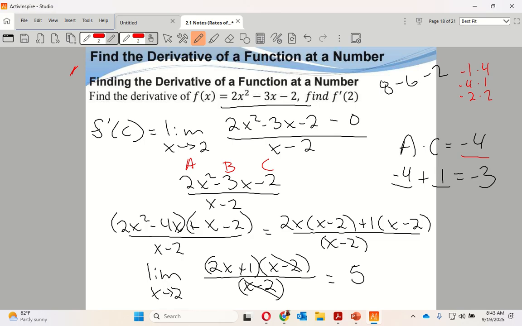Now, of those combinations there, it has to give me this letter right here, my b value. It has to give me my b. In this case, my b is -3. So when I add the two together, they have to give me b. And that was my -4 and +1. So I separate my terms. If I combine these two together again, my -4x and my +1x, I get my -3x.